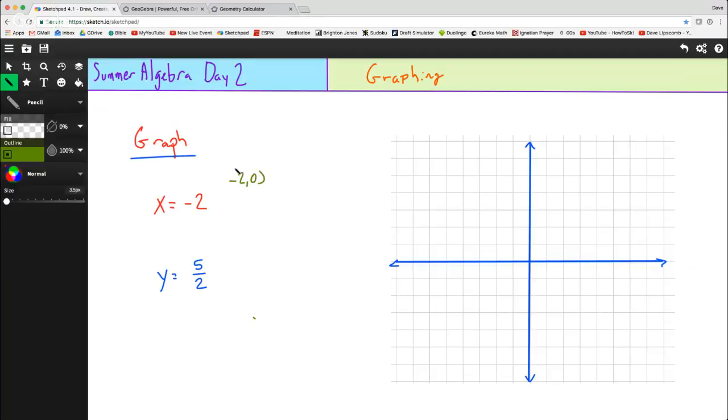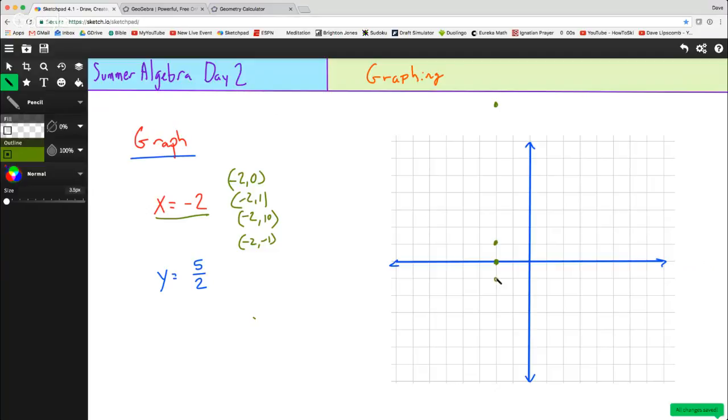So we have points like (-2, 0), (-2, 1), (-2, 10), (-2, -1). These are all points where x equals -2, right? That's all we're saying. We're just saying x is -2. Y can be anything. So (-2, 0), (-2, -1), (-2, 10), way up here somewhere.